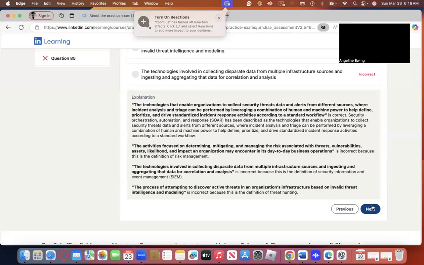It is incorrect because this is the definition of security information and event management, SIEM. And the definition of threat hunting is the process of attempting to discover active threats in an organization's infrastructure based on valid threat intelligence and modeling.